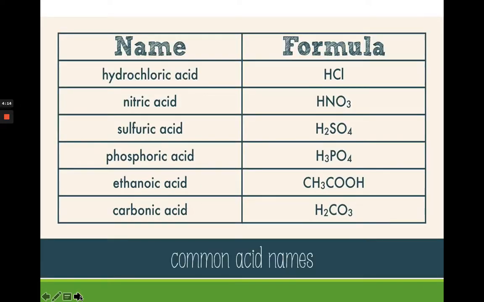So we are able to know in terms of chemical formula whether a substance is an acid or a base due to the presence of hydrogen at the start of the chemical formula. So for example, here you have hydrochloric acid represented by HCl, nitric acid, which is HNO3, that's H plus reacting with the nitrate ion, and then sulfuric acid, which has two hydrogen atoms attached to the sulfate ion, and the list goes on.